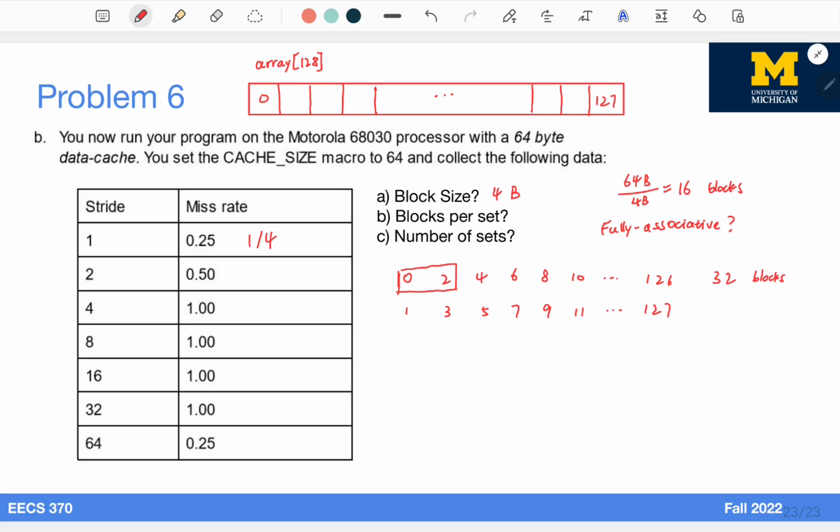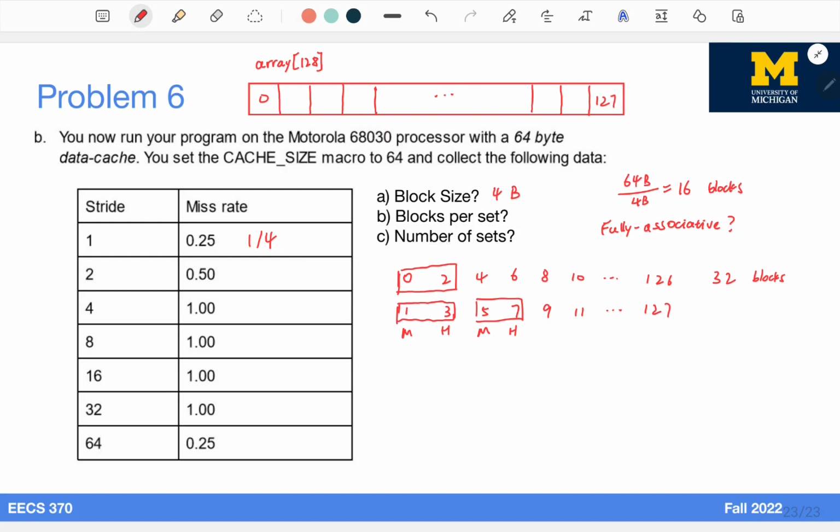And this means that after we come back to 1 and 3 in the second inner loop, this block has already been evicted by the cache, because the cache can only hold 16 blocks. Therefore, when we access 1 and 3, we will still have a cache miss on 1 and a cache hit on 3. Similarly, for 5 and 7, a miss for 5 and a hit for 7.